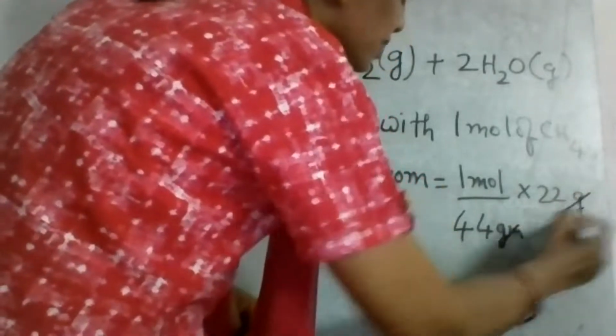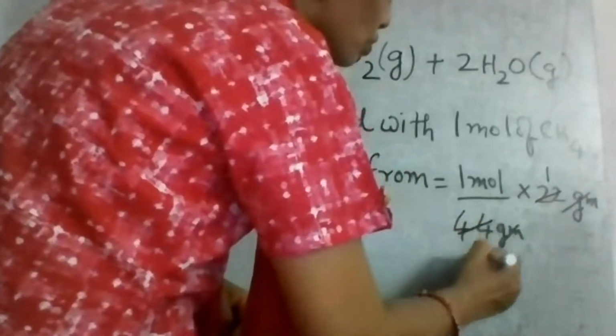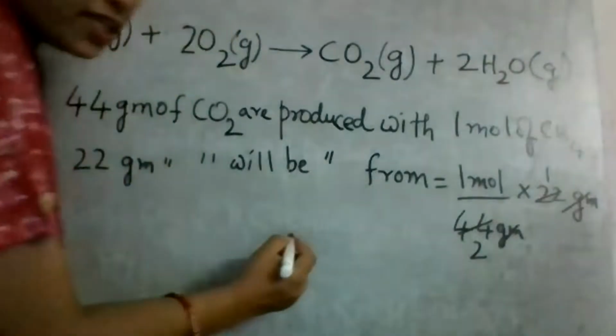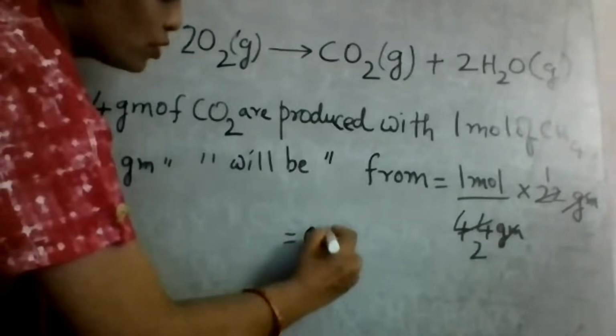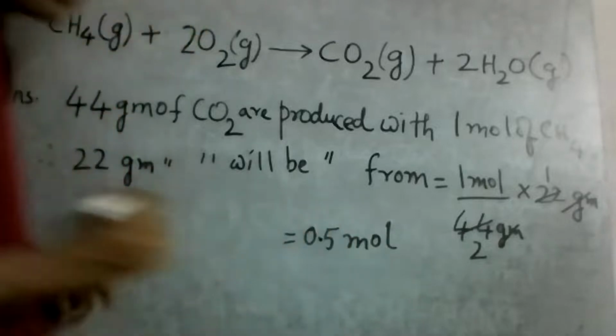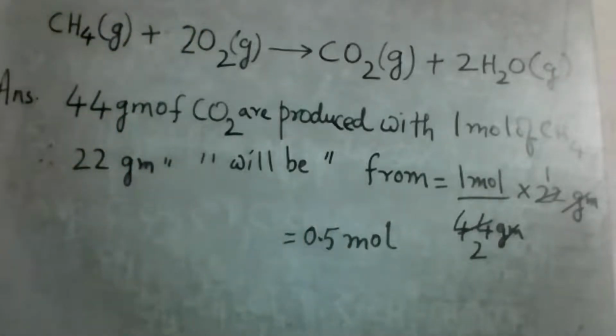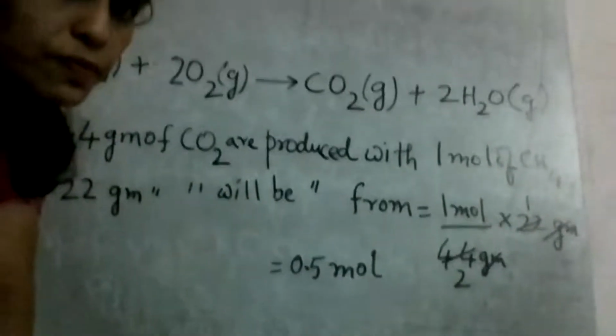So this gets cancelled. 22, 1 is 22, 2s are 24. So we get the answer as 1 by 2, which is 0.5 moles. So this is your answer, 0.5 moles. Hope it's clear.